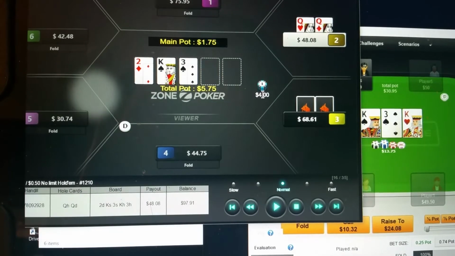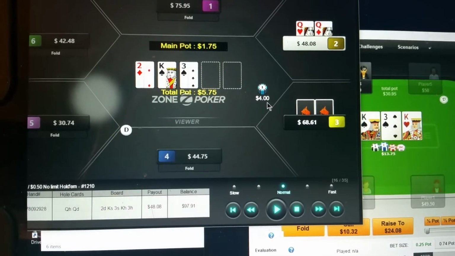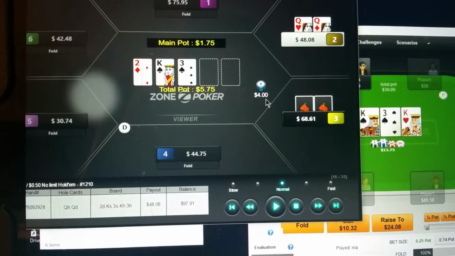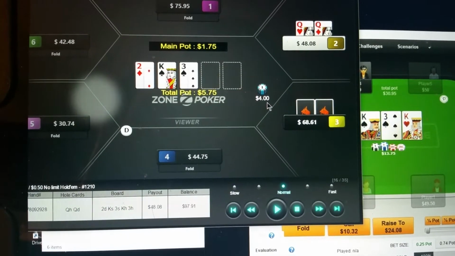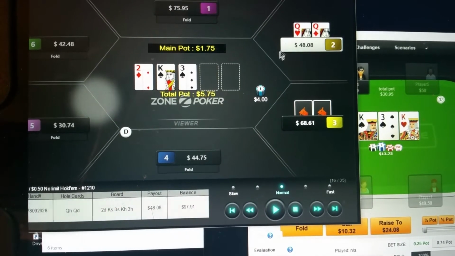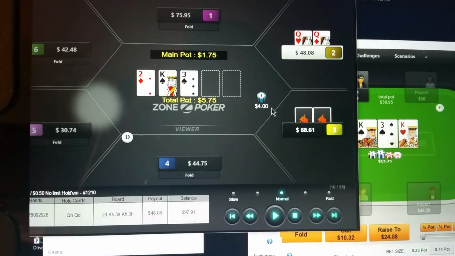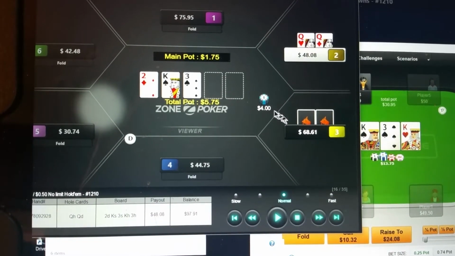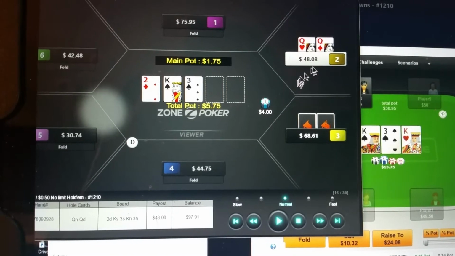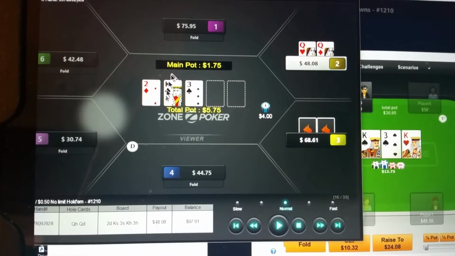I'm facing a $4 bet, which is 0.7 pot, and I'm supposed to fold here according to Snowy. But had I bet quarter pot on the flop and got a small raise, then I call. But if I got a large raise, Snowy wants me to fold the queens due to the overcard.